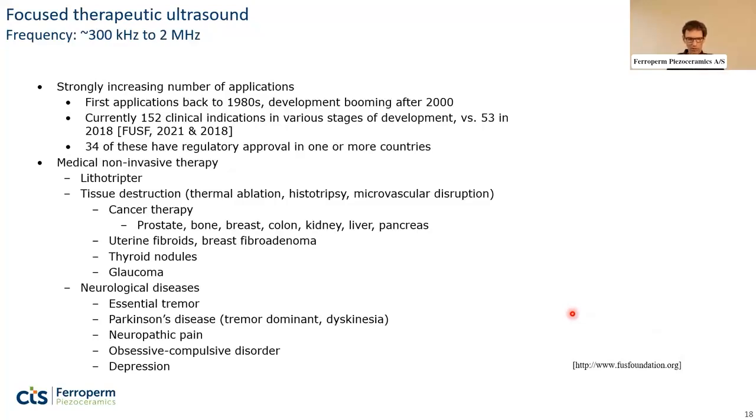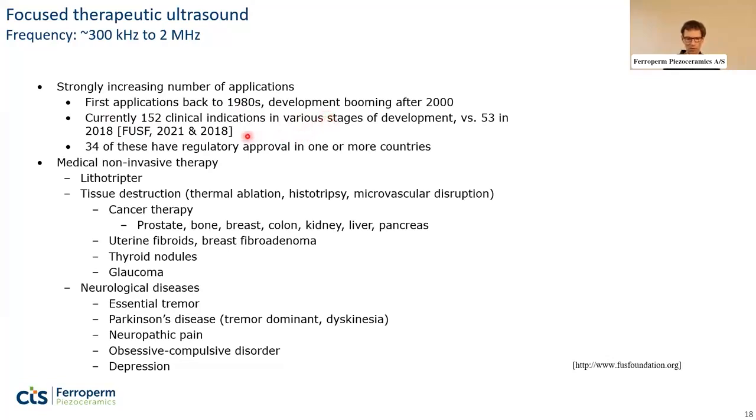Okay, so going more into details with the focused therapeutic ultrasound, I have looked up the Focused Ultrasound Foundation, the FUSF. They have listed rather recently no less than 152 different clinical indications that have been looked into using the treatment with ultrasound.